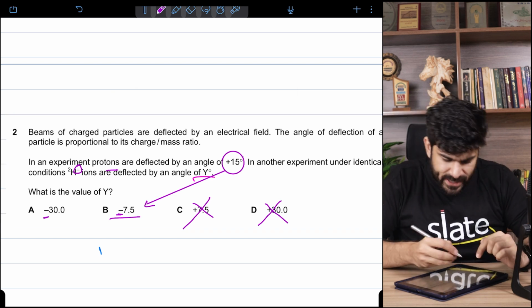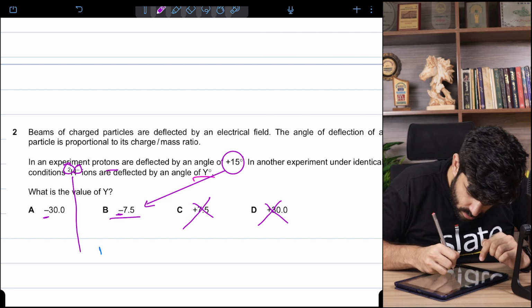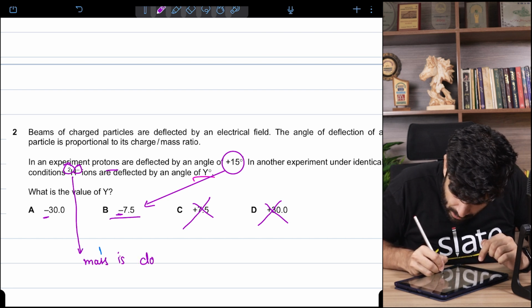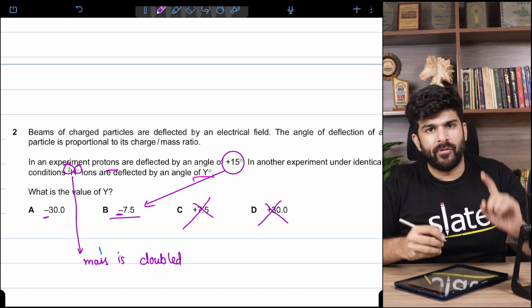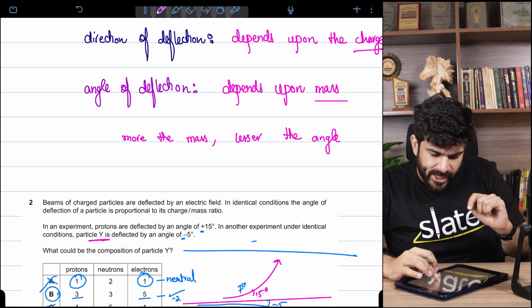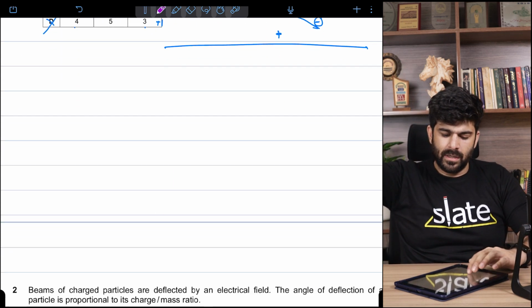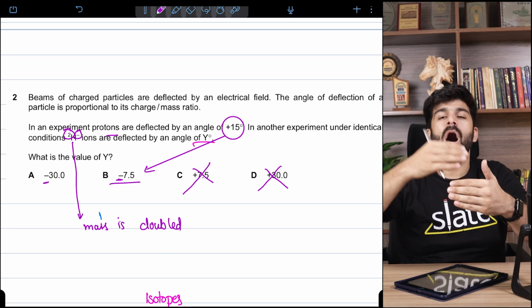So in this case, in H2, our mass is doubled. So when the mass is doubled, let's read it again: more the mass, lesser the angle. So if the mass is doubled, the angle is going to be halved.